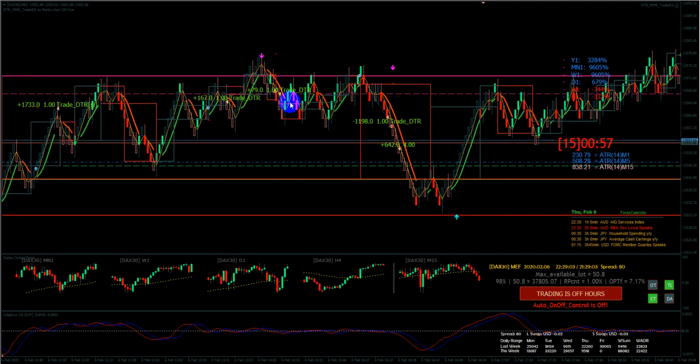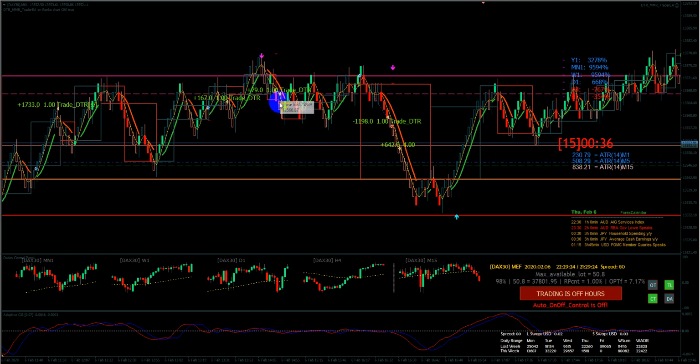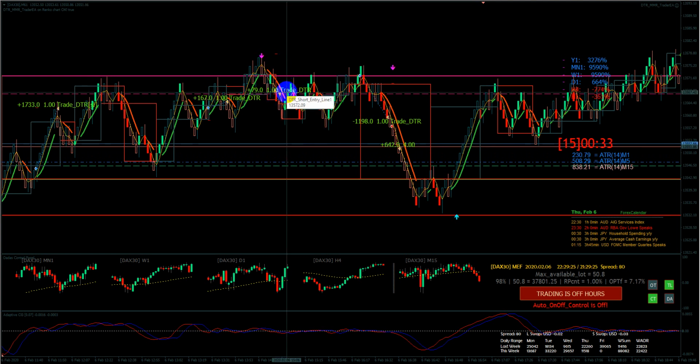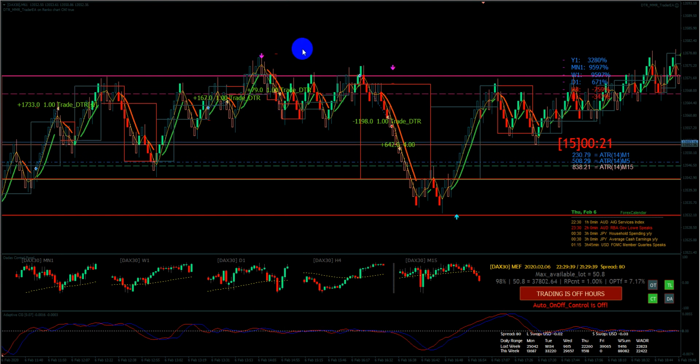But again, what you can see here is that there are two 15-minute candles right here, so it's 30 minutes, and there is only one range, one Renko bar, which means that during 30 minutes the market was basically oscillating within about 7 pips, which is really ridiculous, especially for an instrument like the DAX index.